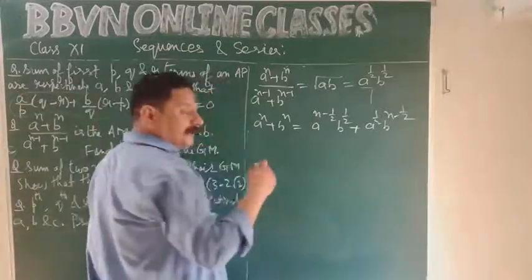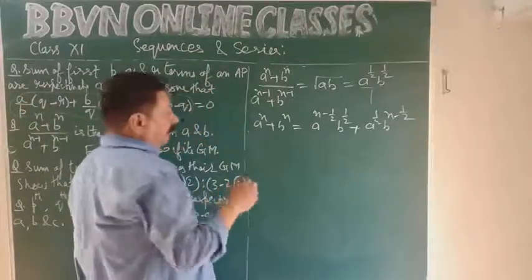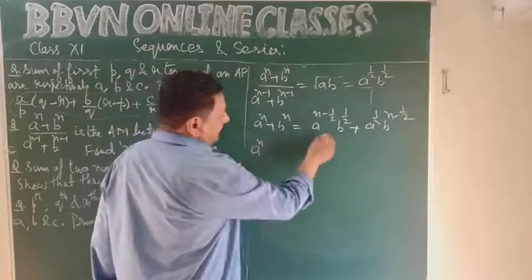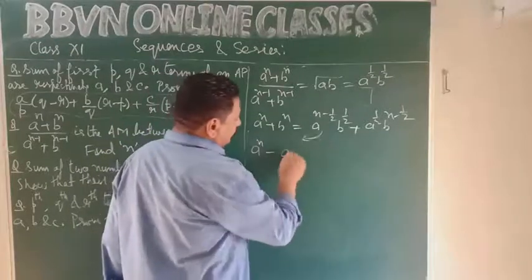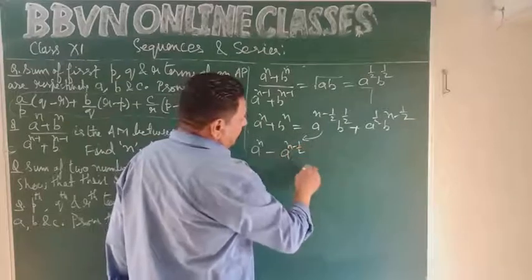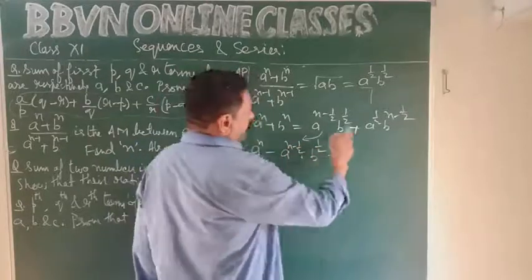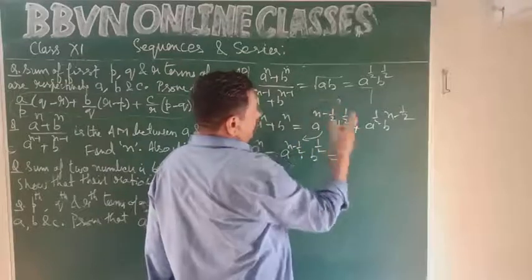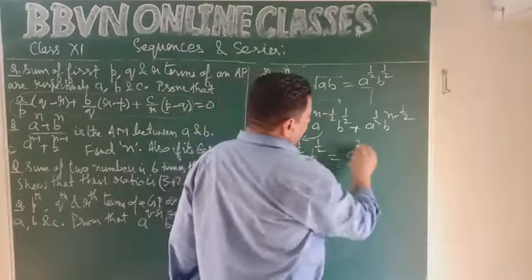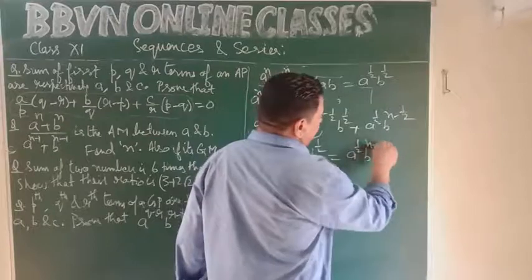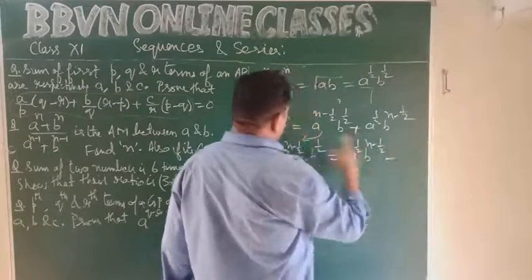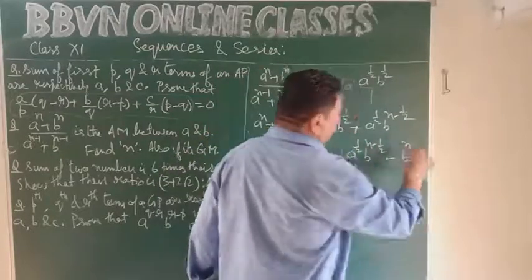Okay, all the terms with higher power of a to the left hand side, a power n minus a power n minus half into b power half equal to, this term goes to the right side, becomes negative, a power 1 by 2 b power n minus half minus b power n.